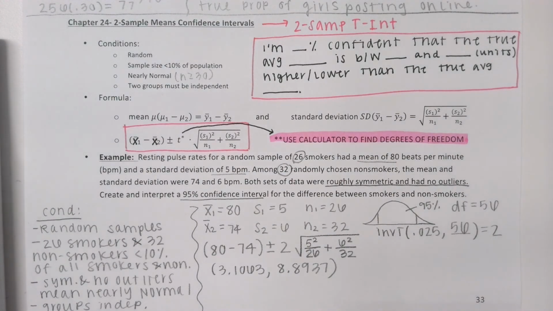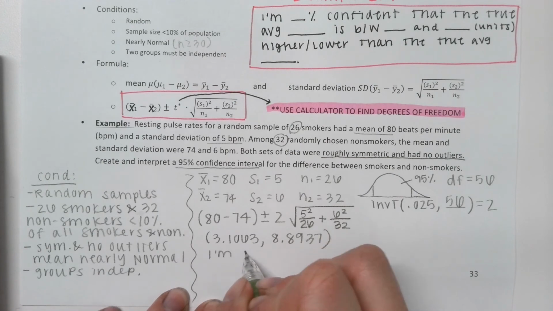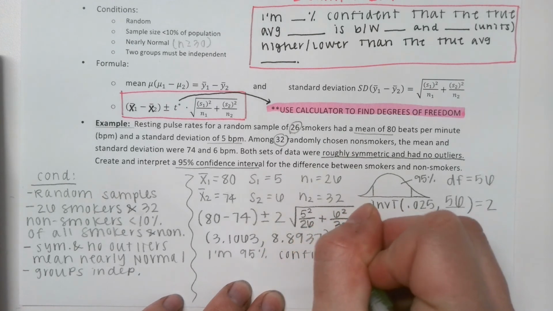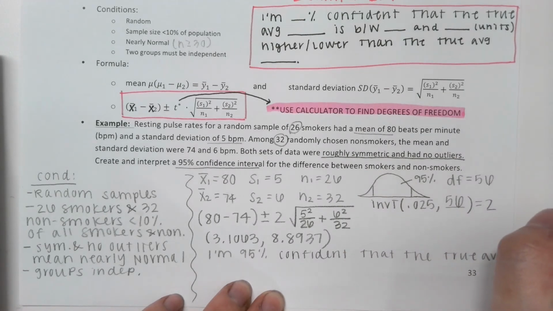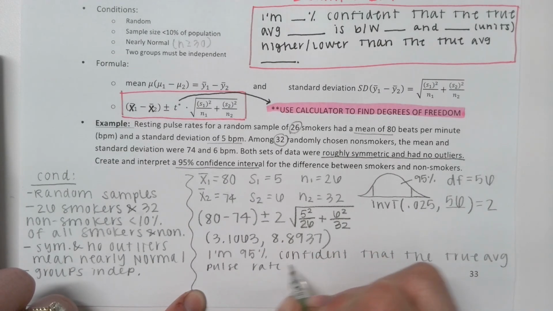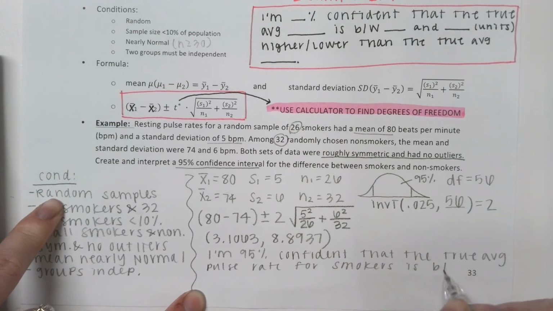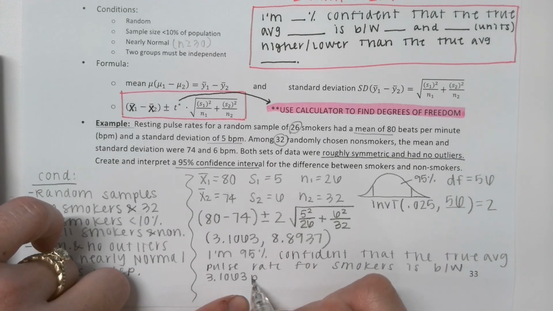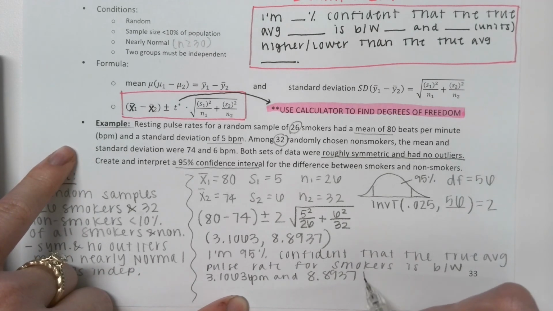So back to my smoker, non-smoker example. I'm going to start off my interpretation with, I'm 95% confident that the true average pulse rate for smokers is between 3.1063 beats per minute and 8.8937 beats per minute.